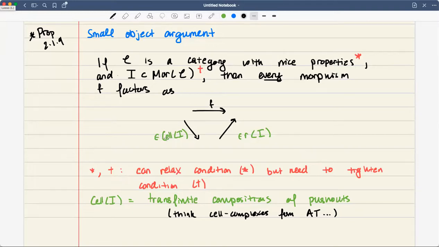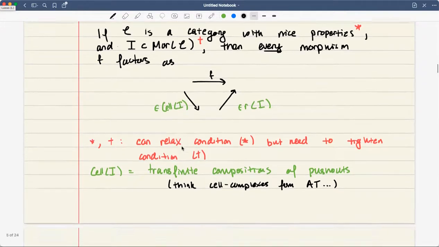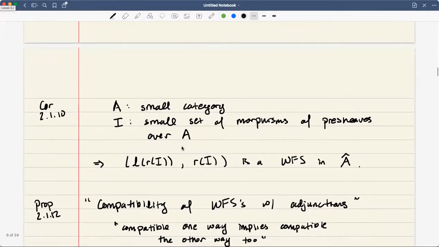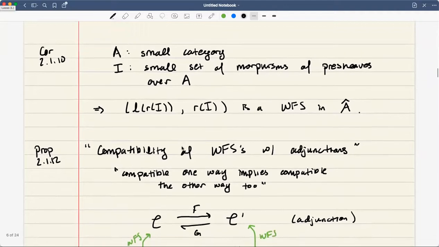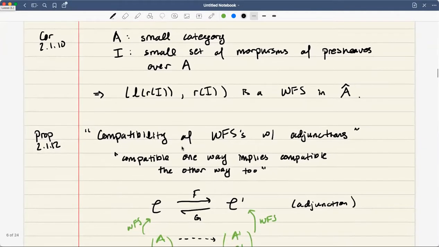And in that case, this first class of morphisms, cell I, is something like transfinite compositions of pushouts, which correspond to gluing of cells, and it's useful from that perspective. But yeah, if anyone has any intuition, I'd be happy to hear it.